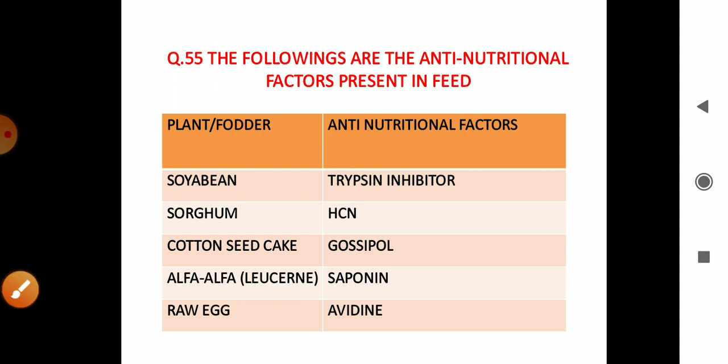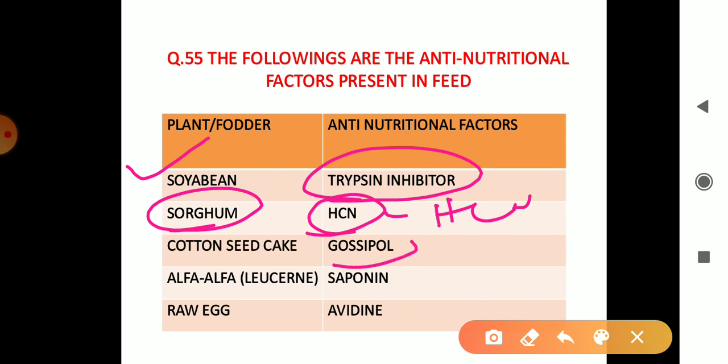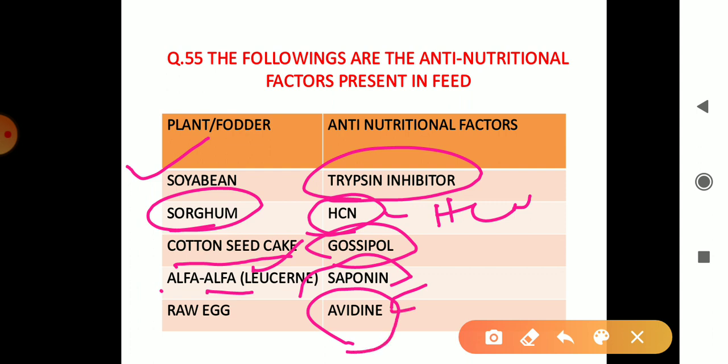The trypsin inhibitor is found in soybean, HCN, hydrocyanic acid, is found in the fodder sorghum, gossypol is found in cotton seed cake, saponin in alfalfa or lucerne fodder, and the raw egg contains avidin. Due to this, the vital component of the egg is unavailable to the body.